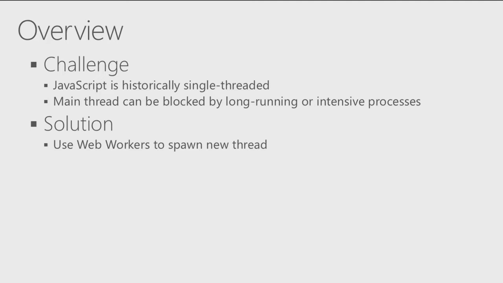In HTML5, the solution that has been introduced to help us deal with that is called web workers. What web workers allow us to do is basically spawn a new thread so we can take intensive types of operations and put them somewhere else while allowing the main thread to continue without blocking.